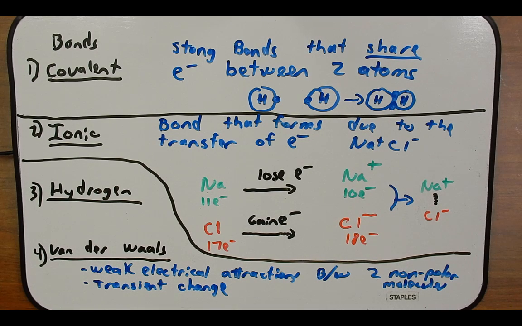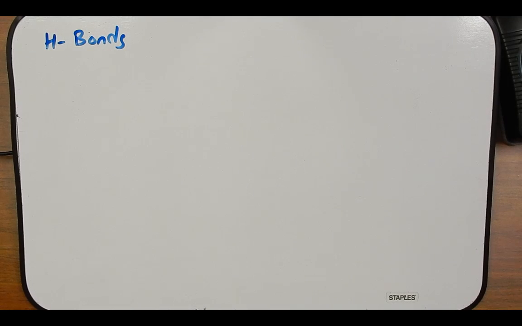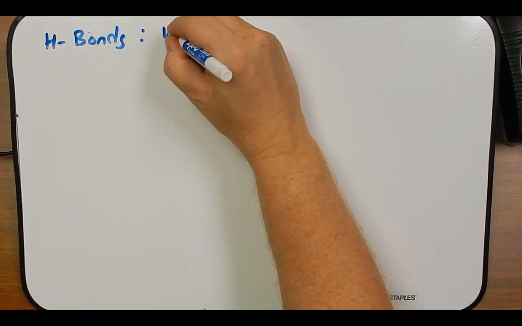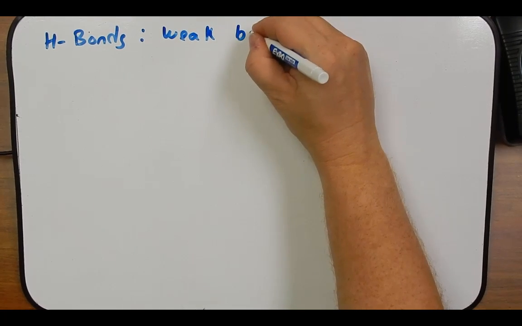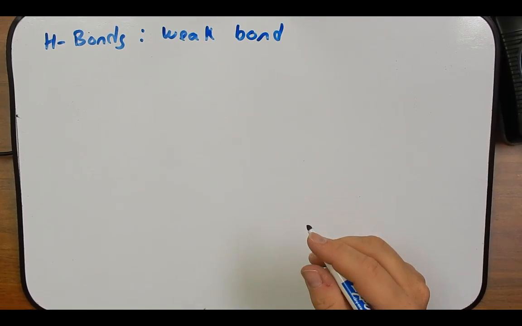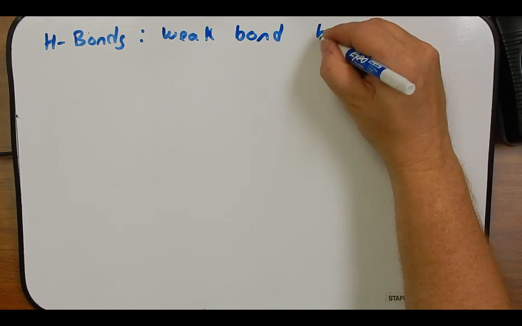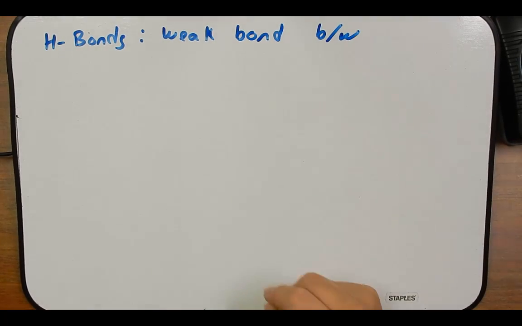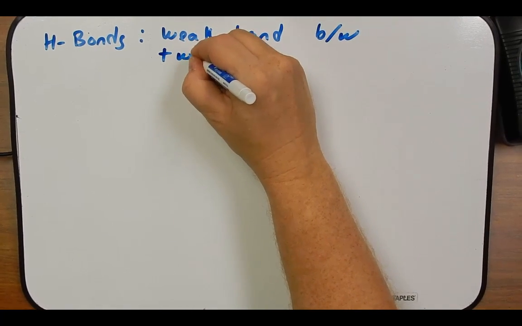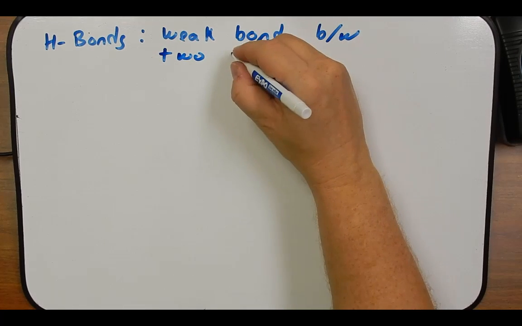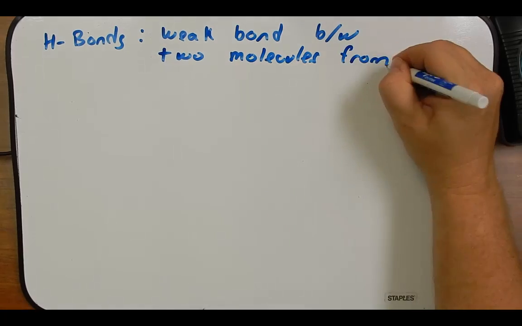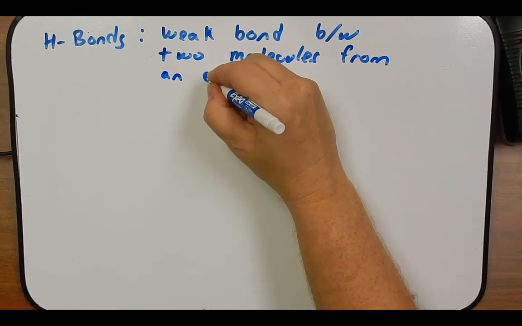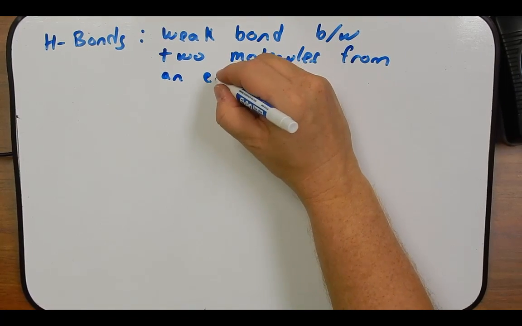Okay, I'm going to clear some space here so I can spend a little bit more time talking about hydrogen bonds. We can define these as weak interactions, weak bonds. So singly, they're weak bonds, but remember, together they're very strong, between two molecules from an electrostatic attraction.